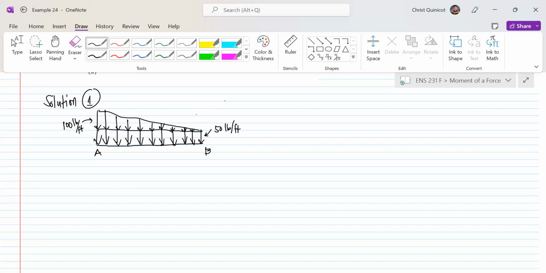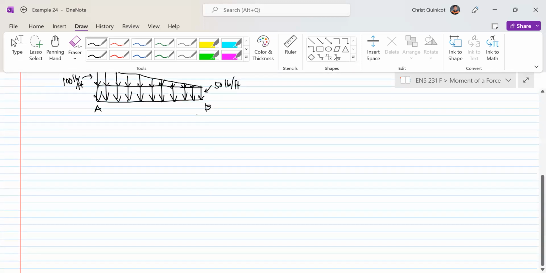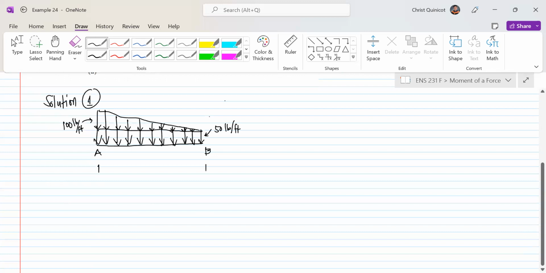For our rectangular loading, its maximum height would be our 50 pounds per foot, and we know that this is over 9 feet.